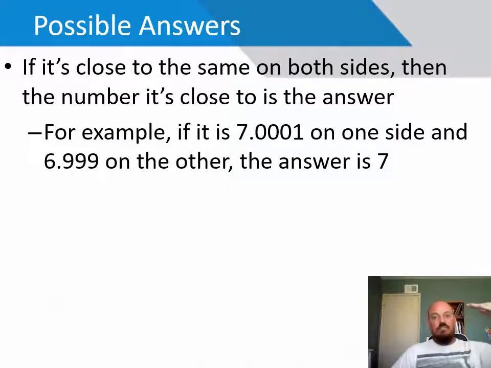I get like 7.0001. And on the other side, it's also getting closer to 7. I'm getting like 6.99999. Well, because both of those numbers are very, very close to 7, they're basically approaching 7, and that would be the answer to the question. So you don't have to get exact answers on limits. If it's very, very close to the same number on both sides, that's the answer to the question.